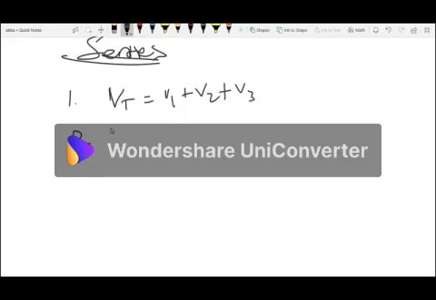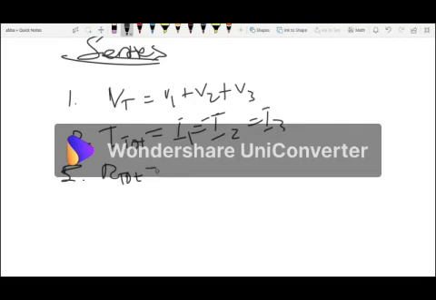Then number two, we said current remains the same, meaning the total current is equal to the first current, the second current, the third current, and so on. Now number three, we said your R total is going to be equal to your R1 plus R2 plus Rn, right? Even here we have your In, here we have your Vn.